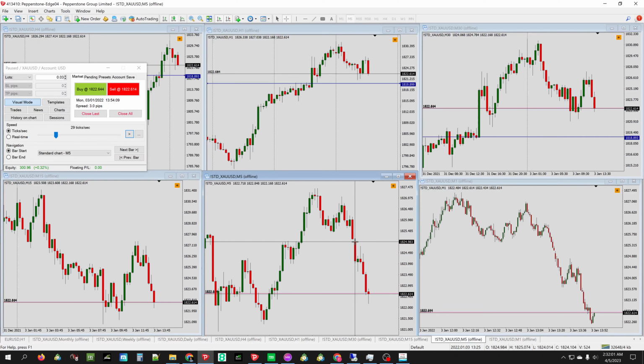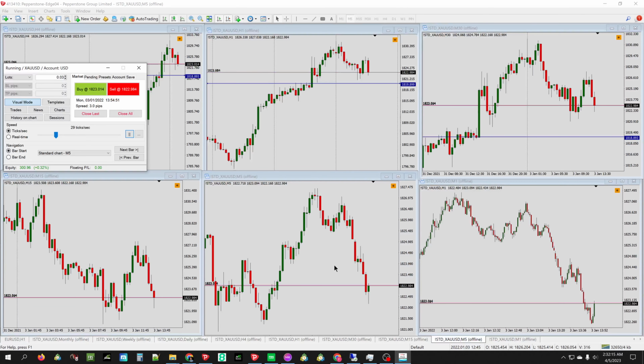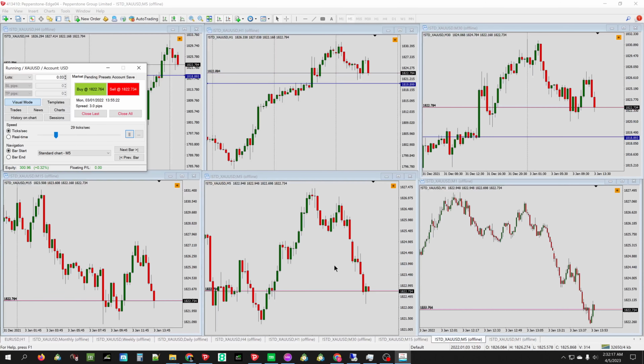If it does, then I should be out at break even. If it doesn't, then I should be able to capture this trade, an amazing trade of 23 pips. But as I have little experience for now, I will just be waiting.